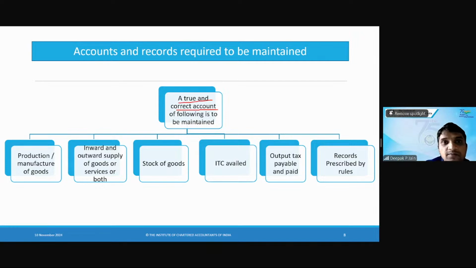So there is a difference between an audit and books of accounts. Tell me, what is the difference? What is the disclosure or responsibility of an auditor, and what is the responsibility of an accountant here?